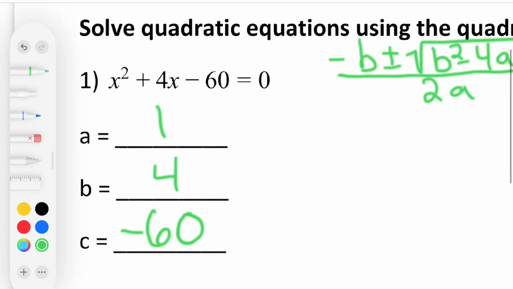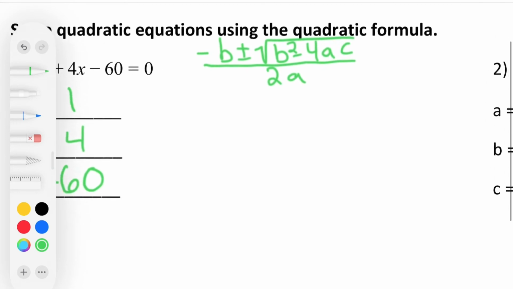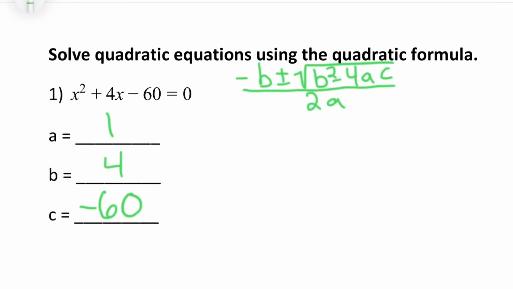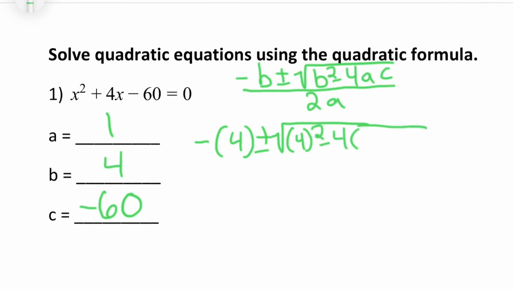So what we want to do is substitute in our A, B, and C. So I have negative parentheses, my B, which is 4, plus or minus square root, parentheses, my B squared, minus 4, parentheses, my A was 1, parentheses, my C is negative 60.